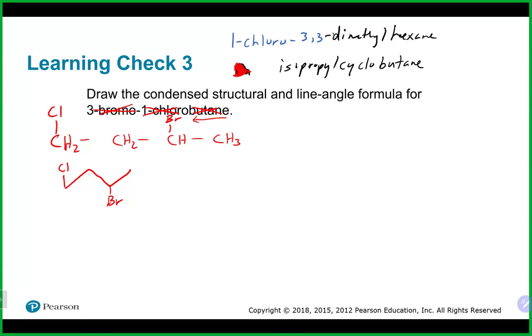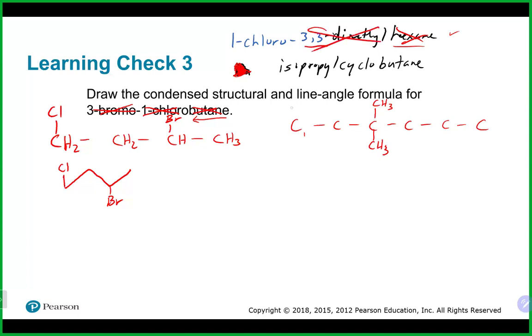Coming to the ones I made up, we have hexane, which tells us 6 carbons in a row: 1, 2, 3, 4, 5, and 6. I'm going to call that carbon 1. 3,3-dimethyl means I have a methyl group on carbon number 3, and not just one of them, but 2 of them sitting on the same carbon.